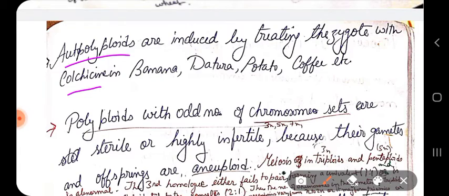what colchicine does, I have already said, is this: if this is the cell, during cell division the mitotic spindle, which is made up of microtubules, is needed for separation of the chromosomes towards opposite poles.